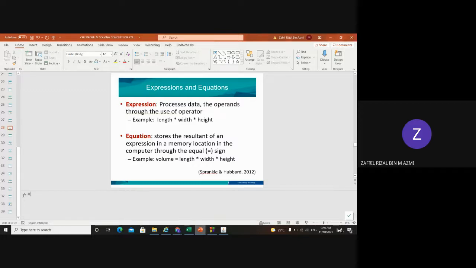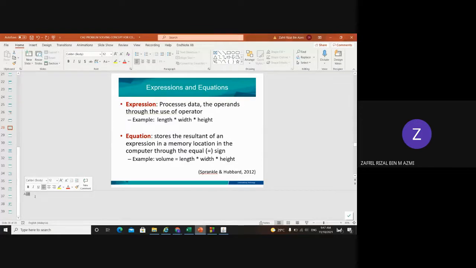For an equation, the value is stored in C. You have one variable in front of the equation, meaning we store the A plus B value in C.